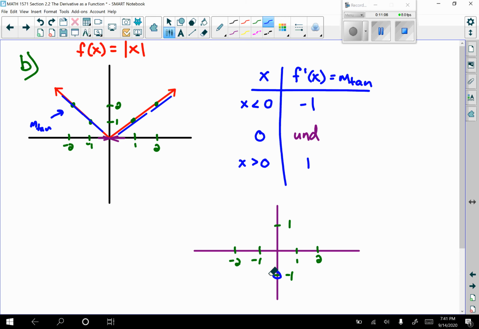So I'm going to put an open endpoint and then draw a horizontal line going out that way. And when x is greater than 0, all of my slopes of my tangent lines are equal to positive 1. But notice f prime of 0 is undefined, or it does not exist. And we're going to talk about that in a little bit.